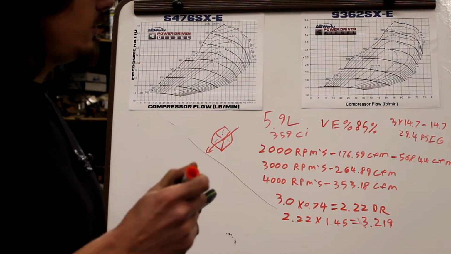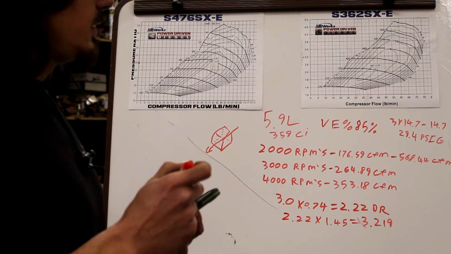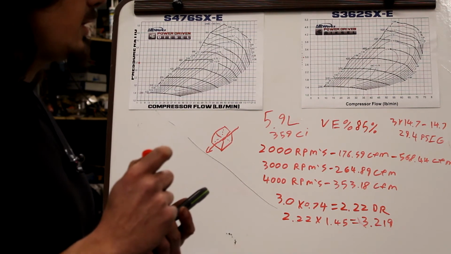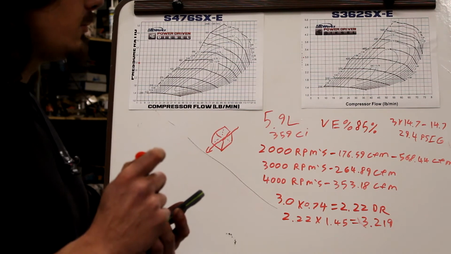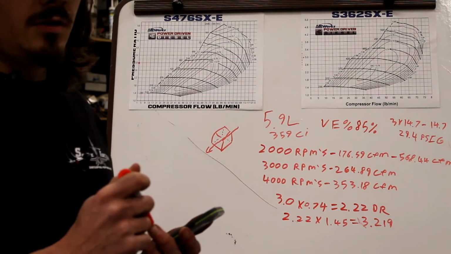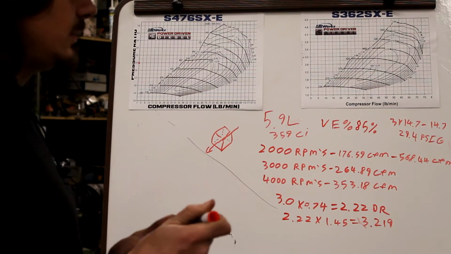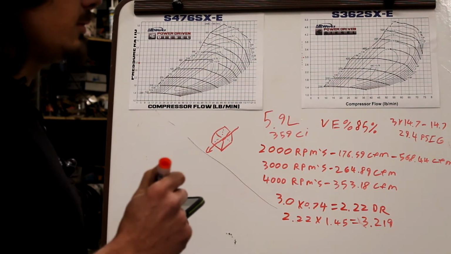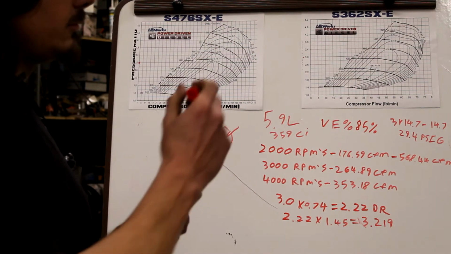Places that do have you do this part, they have you convert it using SAE a lot of the times, and other places have you convert it using whatever your outside air density is. Because we're at sea level here, this is going to make this easier.